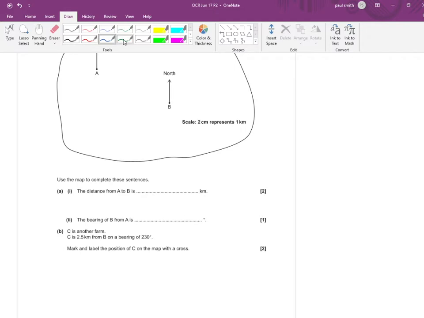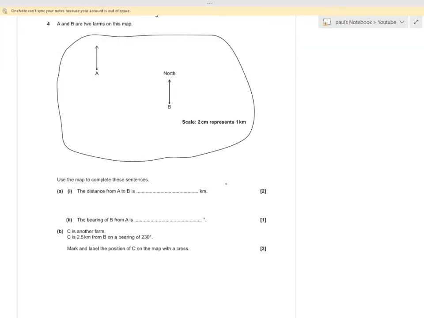Okay, so what colour are we doing? Doesn't matter. So what you'd have to do with this one is you get your measurement, and this is going to be approximate because I can't really do this properly, and we'll say that is 5.5. It depends on the size of your screen you're looking at it, right? So from A to B, that's 5.5 centimetres. Now 2 centimetres represents 1 kilometre.